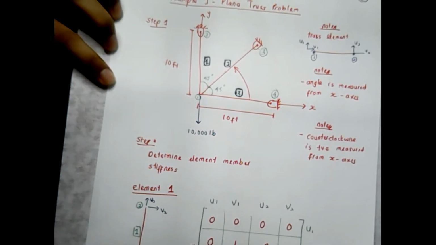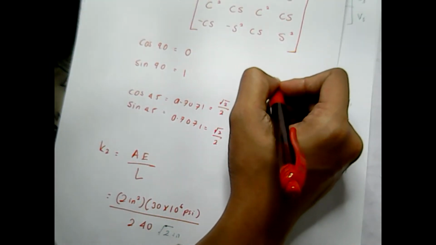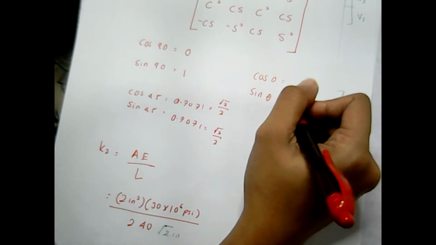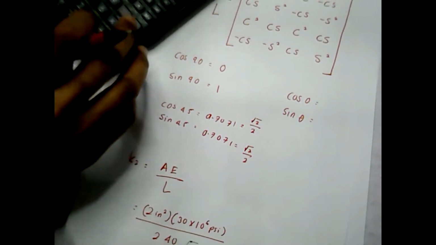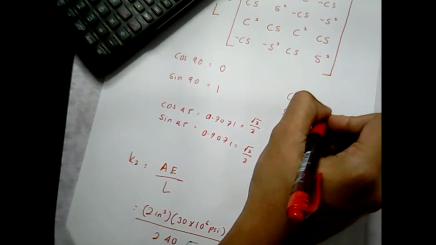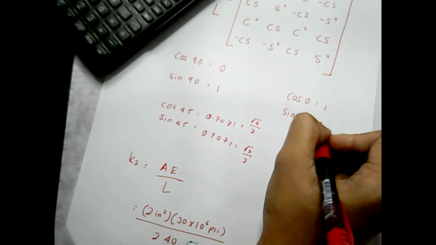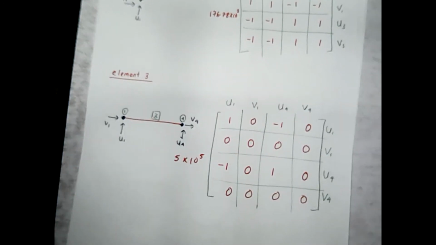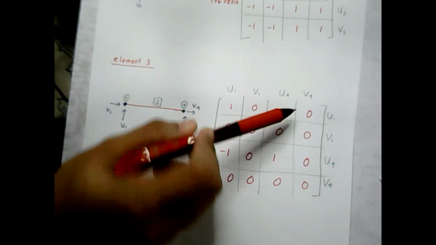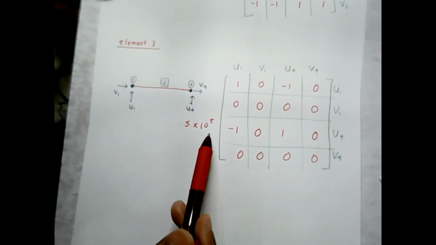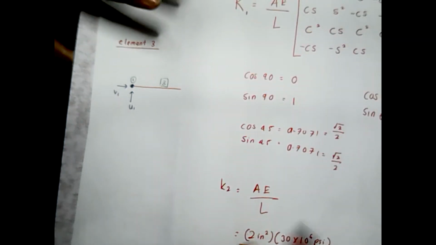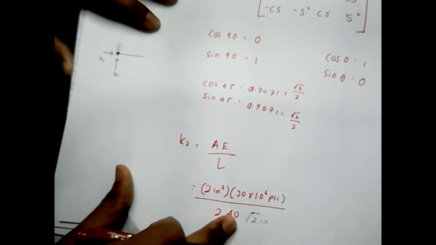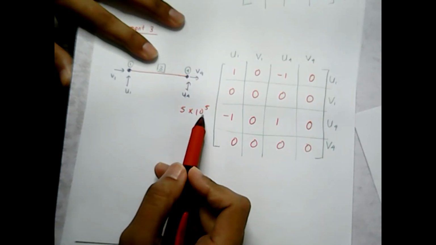When the angle is 0, cos 0 equals 1 and sine 0 equals 0. Inserting cos 0 and sine 0 in this equation for element number 3, you get 1 0 negative 1 0, and here you get 5 times 10 to the power of 5 because of your AE over L.